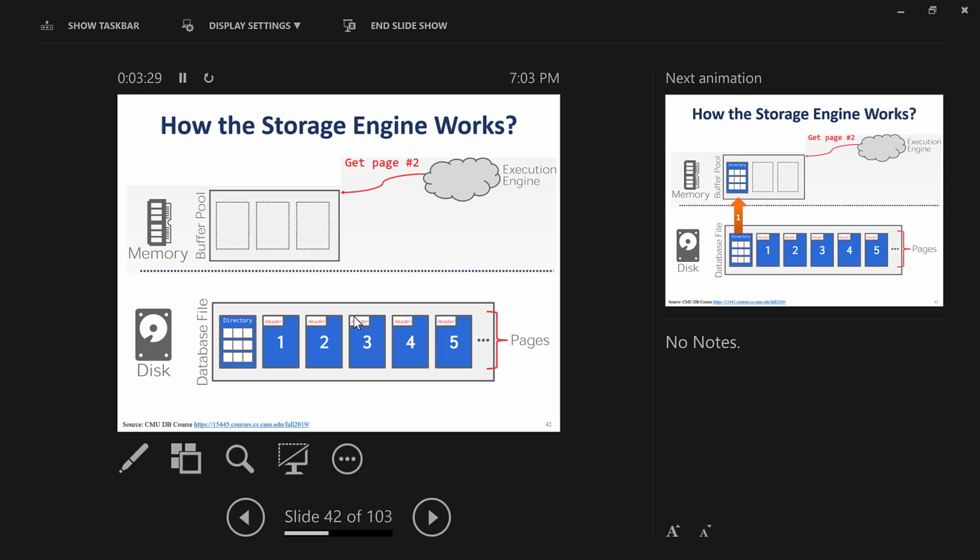The query execution engine is asking for page 2 because this page 2 has the details of customers 1, 2, 3, and it wants to retrieve page 2. So what will happen? What do you think? We know the page ID is page 2. So how will we get this page from disk?